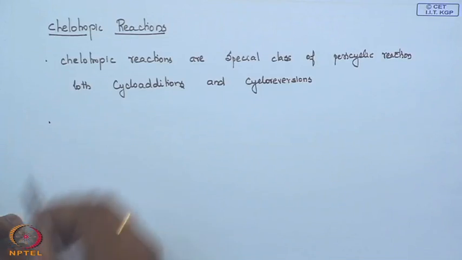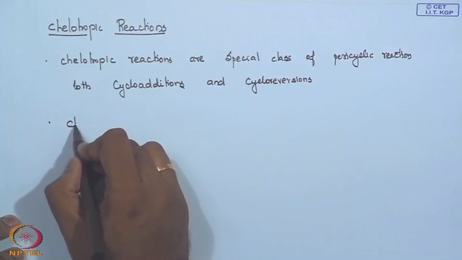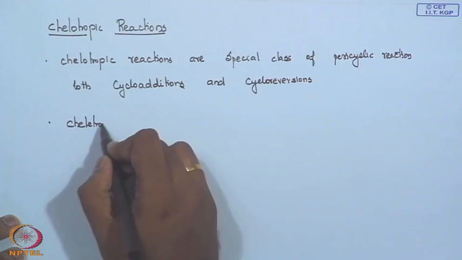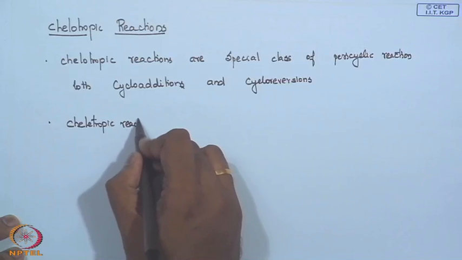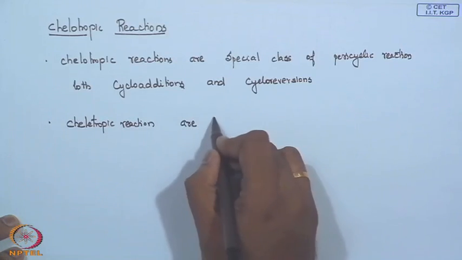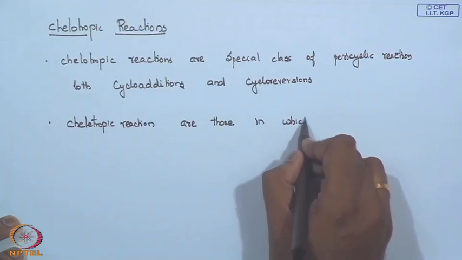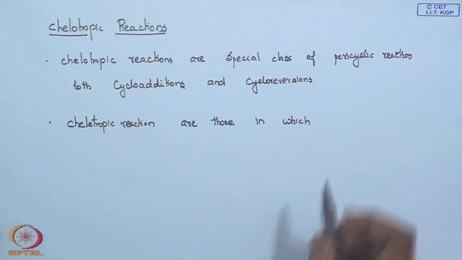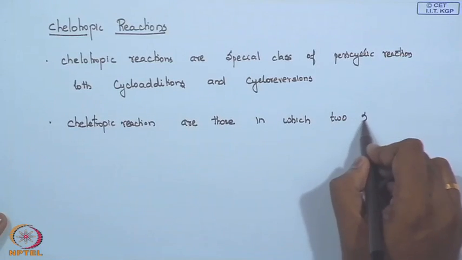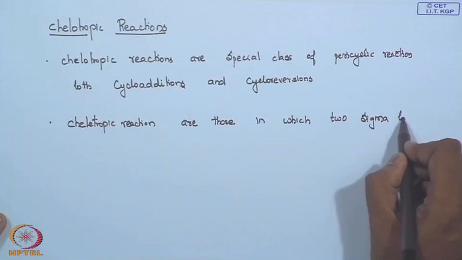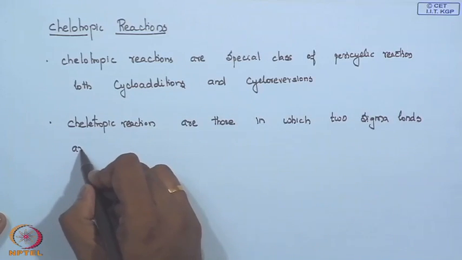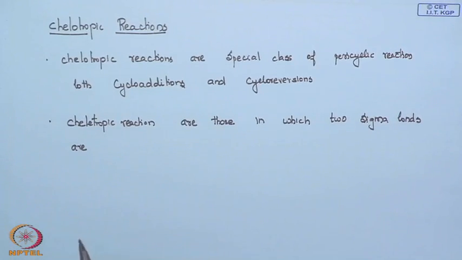So, if you see the definition, it says that chelotropic reactions are those in which 2 sigma bonds are formed. You have seen in pericyclic reactions the formation of 2 sigma bonds, and in cycloaddition reactions you can form new 2 sigma bonds, but how is it different in chelotropic reactions?